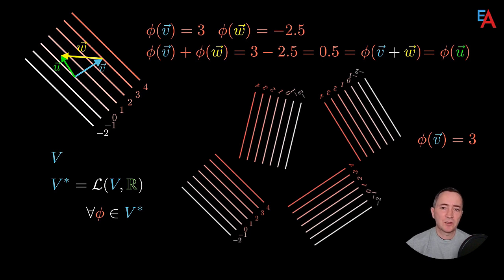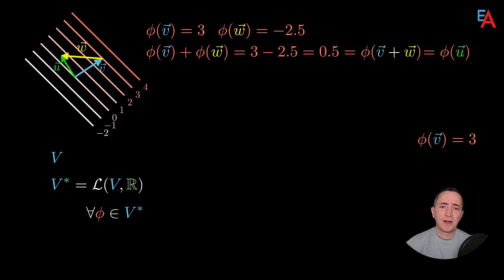For each such form phi, the value of this form phi on a linear combination of vectors, meaning if we take two vectors and multiply them by a number, some number a times v plus b times w, is equal to a linear combination of values of phi on each vector separately.